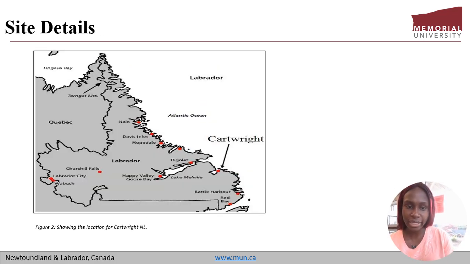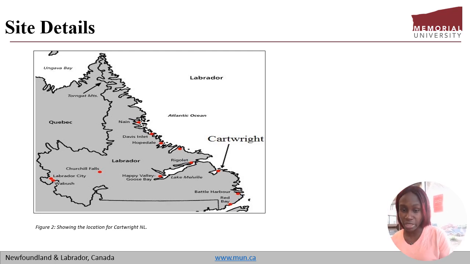So on our slide, we can see the map of Cartwright. This is an isolated community in southern Labrador, isolated from the province's primary electricity generating facilities. The community's main source of income is fishery. The diesel plant is the main source of generation of electricity. For that reason, they have 4 generators.